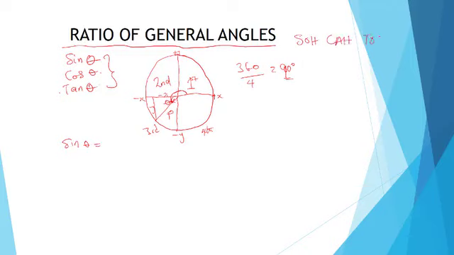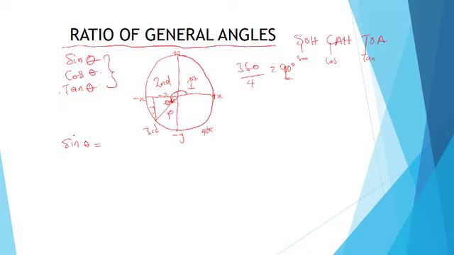S is for sine, C is for cos, and T is for tan. O means opposite, the side opposite the angle. H is the hypotenuse, the longest side. A is the adjacent, the third part of this right angle triangle.